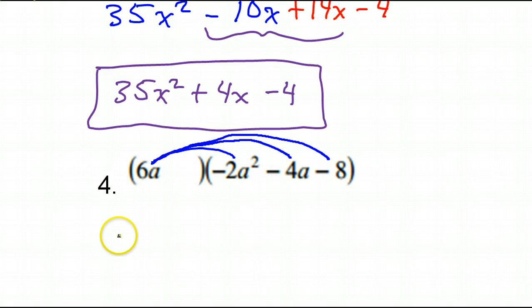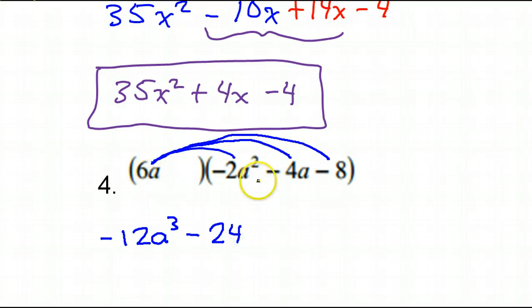Well, 6 times negative 2 is negative 12. A times a squared is a to the third power. Now 6a times negative 4a. 6 times negative 4 is negative 24. A times a is a squared. And finally, 6a times negative 8. Well, that's negative 48, and then you have your a.